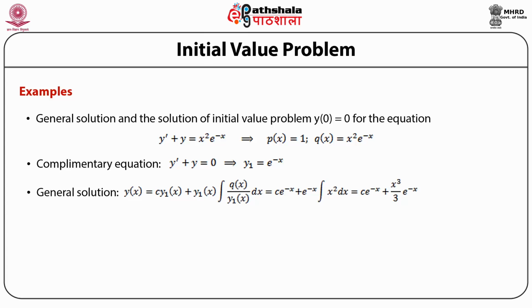The general solution is y(x) = c y1(x) + y1(x) times the integral of q(x)/y1(x) dx. This is equal to c e^(-x) + e^(-x) times the integral of x² dx.